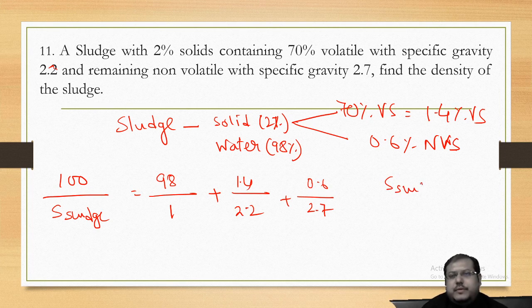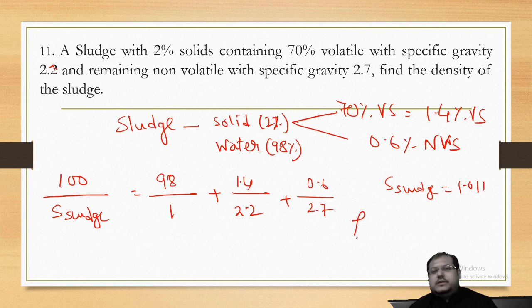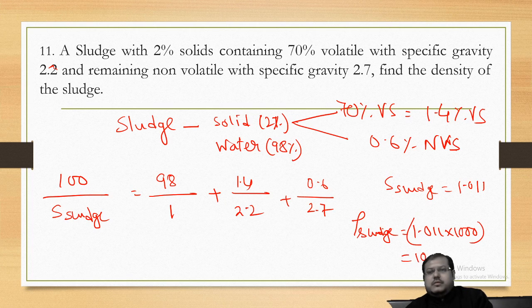So S sludge will be equal to 1.011, and rho sludge is equal to 1.011 into 1000, 1011 kg per meter cube. Clear?